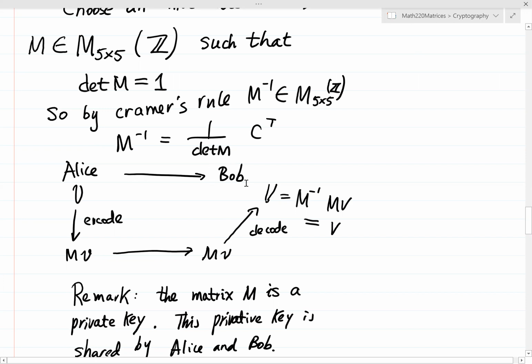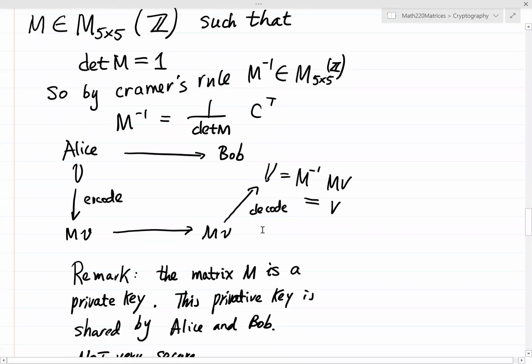Alice encodes a message by multiplying the message vector by the matrix M, and Bob decodes the message by applying the inverse matrix. By our choice, the inverse matrix is also integer, so that Bob can recover the message Alice wants to send to him.